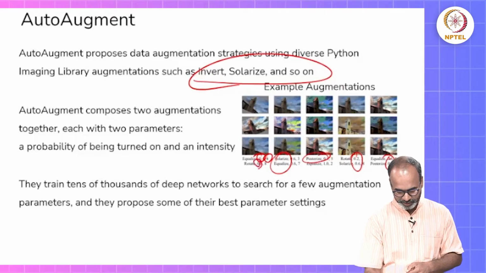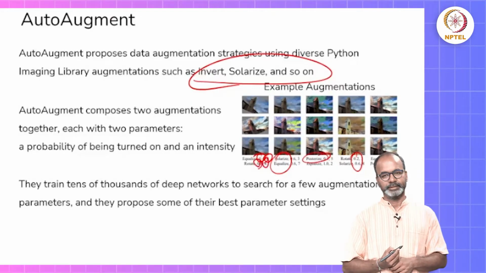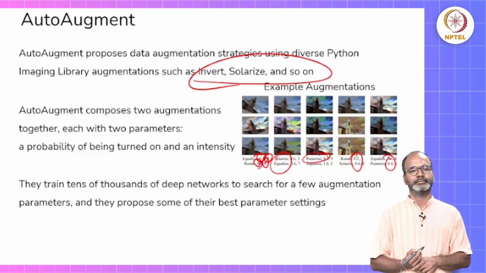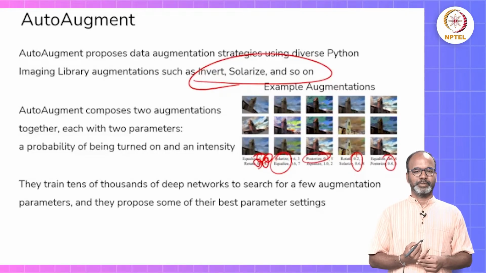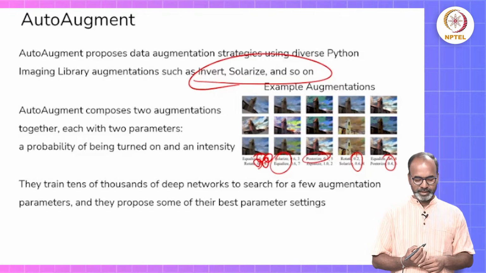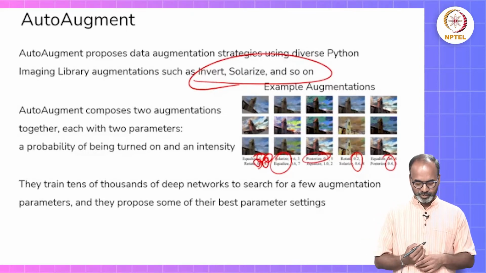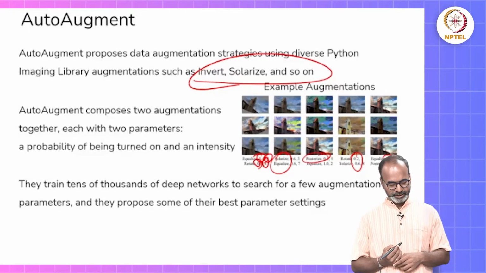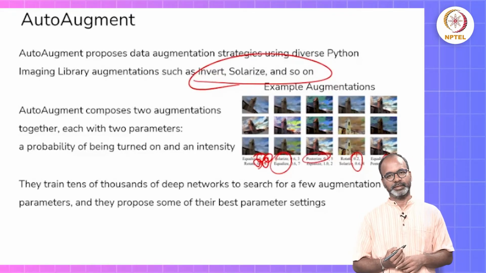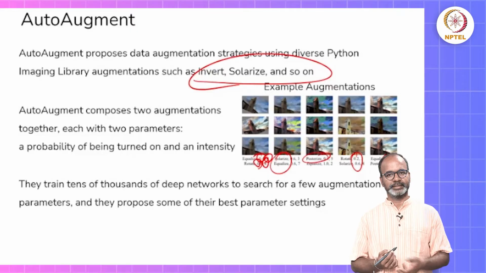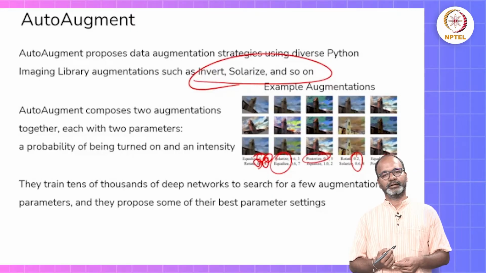Same thing, a probability of 0.8 and an intensity of 8 here. That's an auto-augment method. They train tens of thousands of deep networks to search for a few augmentation parameters, and they propose some of their best parameter settings wherever they're getting the best results. That's what is shown.